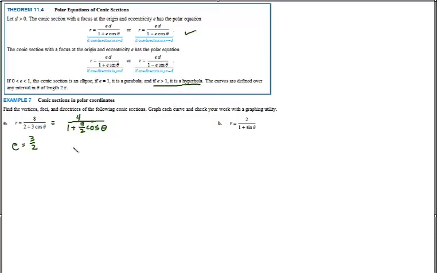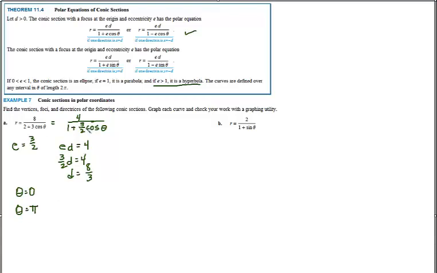I know that e times d then equals 4, and if e is 3/2, that tells me that d is then 8/3. So if my directrix is 8/3, then what we will need to do is let our theta equal 0, and let our theta equal pi, and plug that in and see what we get.